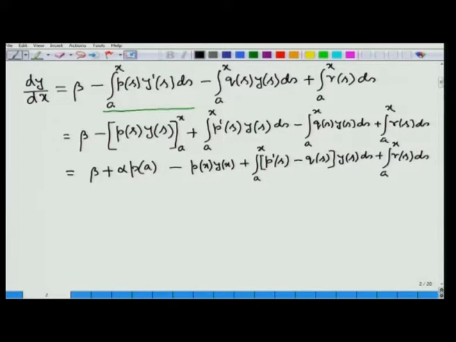Now, again if we integrate this result, that is dy dx given by this one, then after integration from a to x within this range, we will find y x minus y a equal to alpha.